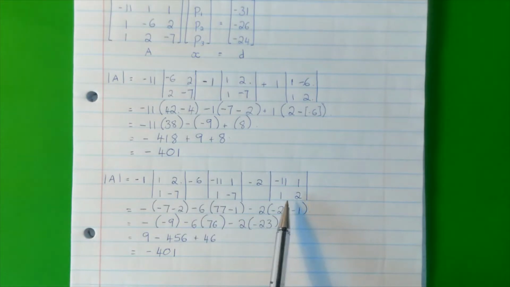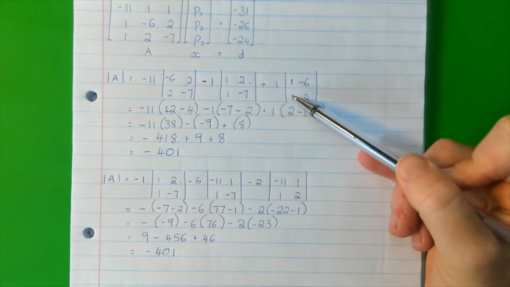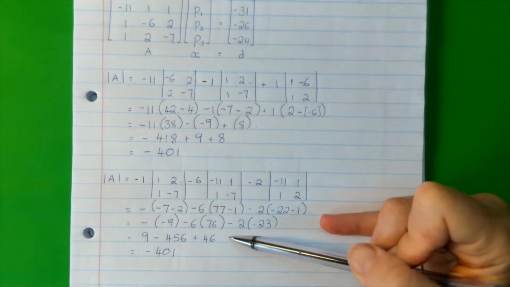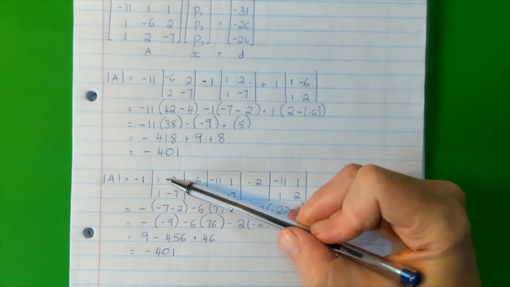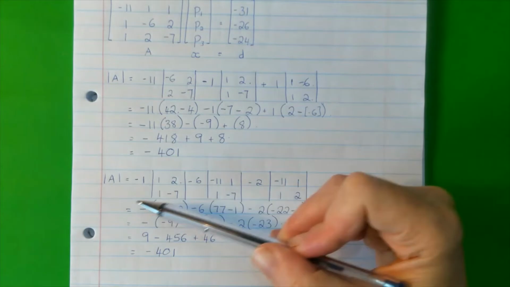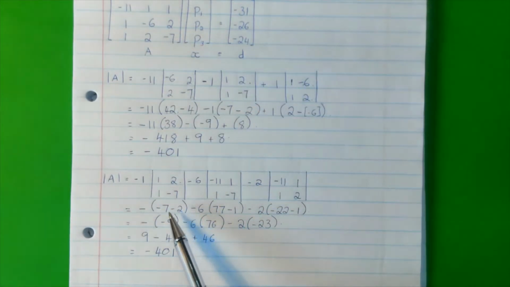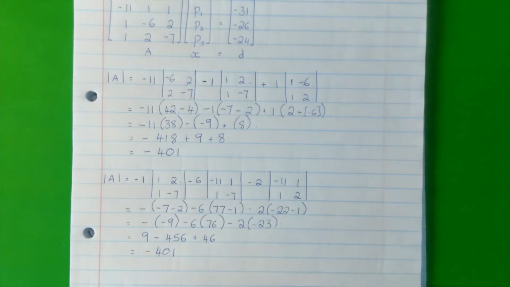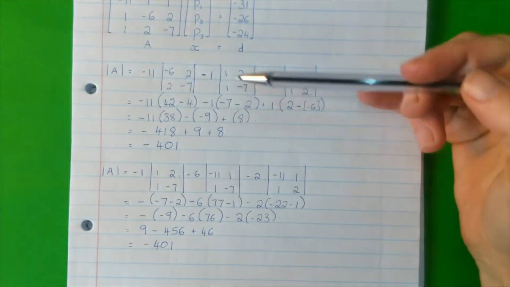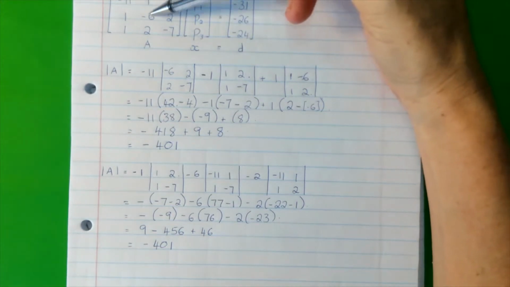Then, as we did with this calculation here, one merely needs to calculate these values, remembering that these are effectively sub-determinants of A. Working through this calculation, we get the same value for the determinant, minus 401, whether we use the first row or the second column.